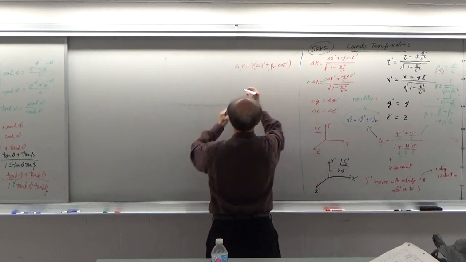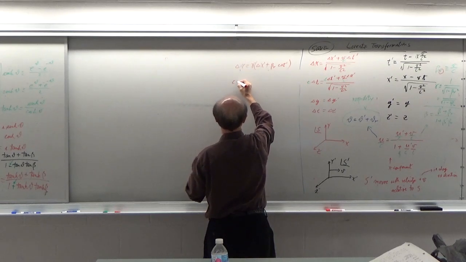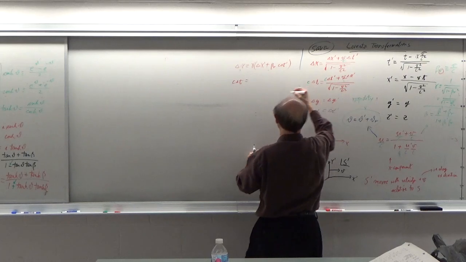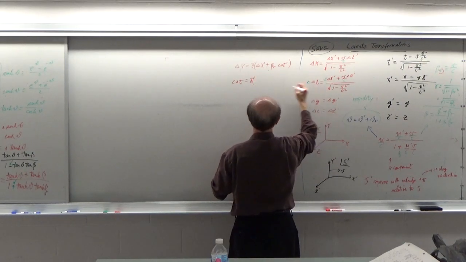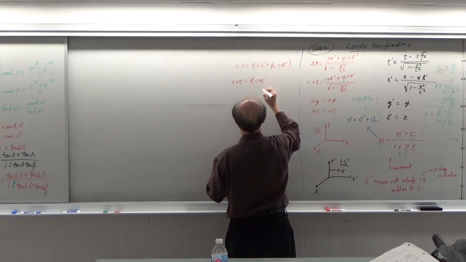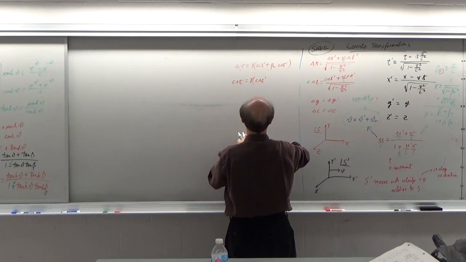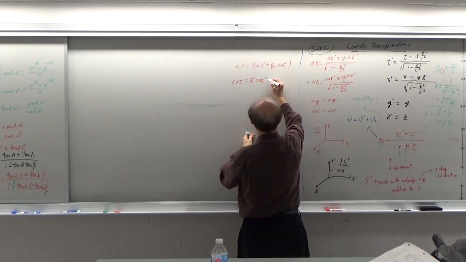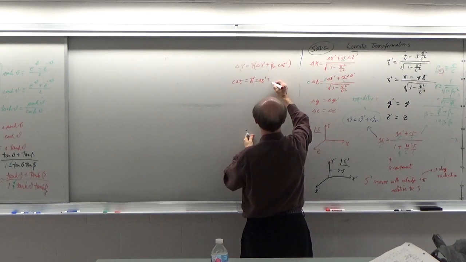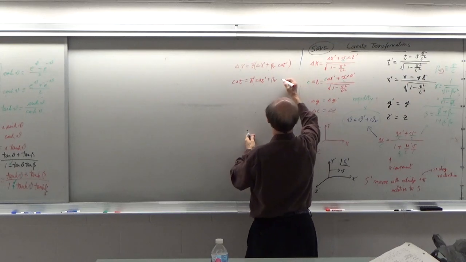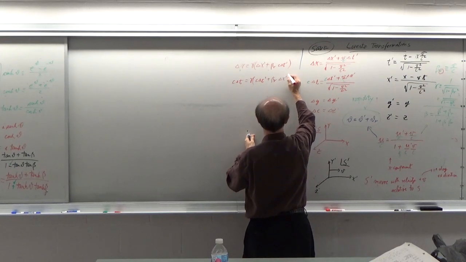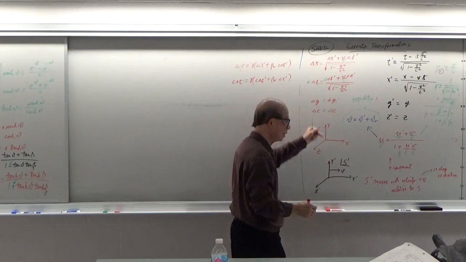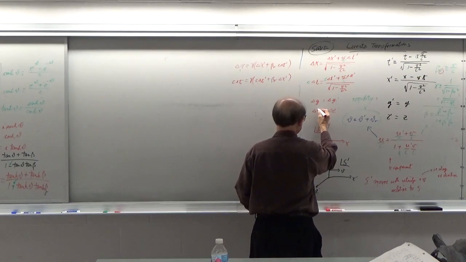And this c delta t would be equal to gamma times c delta t prime plus beta sub r times delta x prime. I don't have to copy these two down because the y and z components come for free.